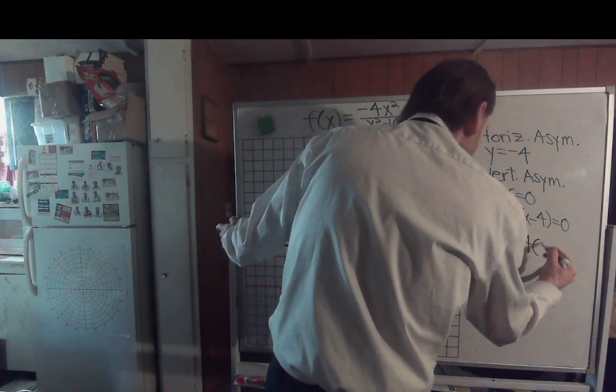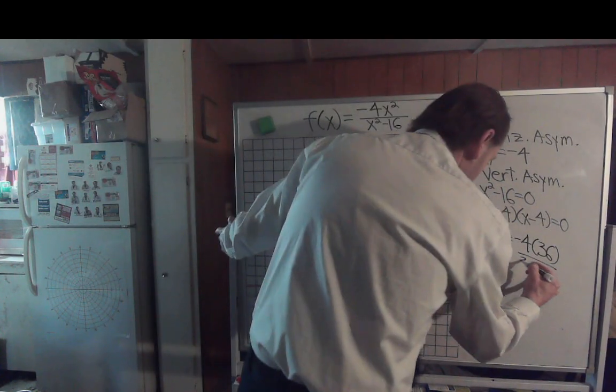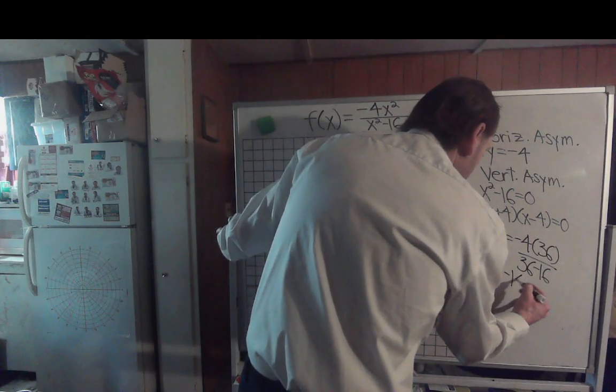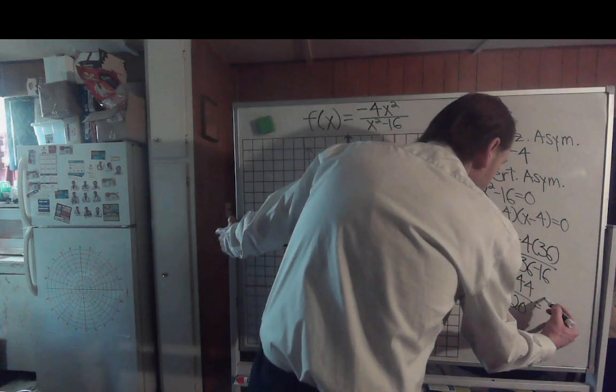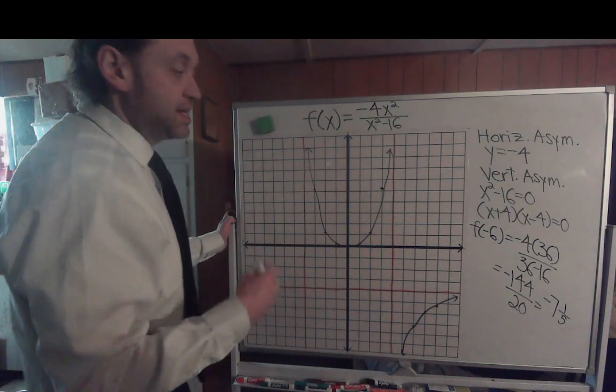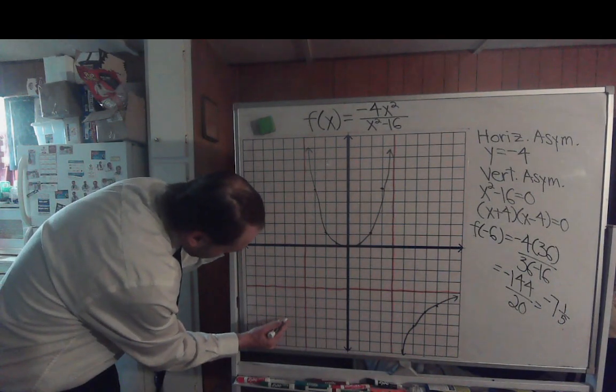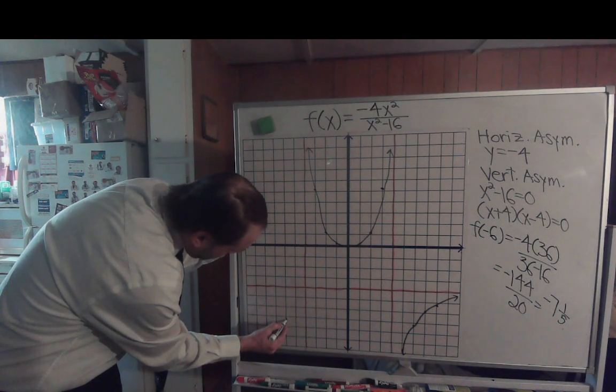Well, that would end up giving you -4 times 36 divided by 36 minus 16, which would give you -144 over 20, which would end up being -7 and 1/5. So when x is -6, you get about -7 and 1/5, which would be about right there.